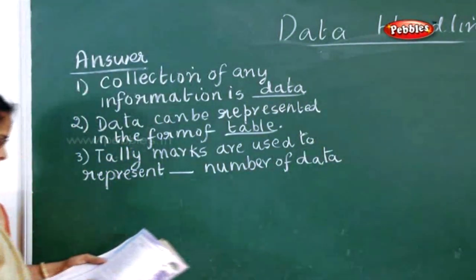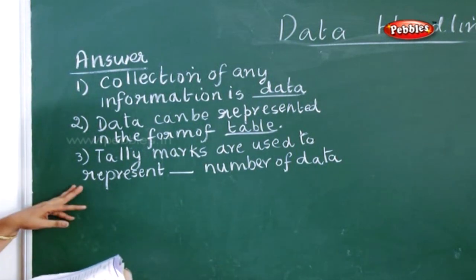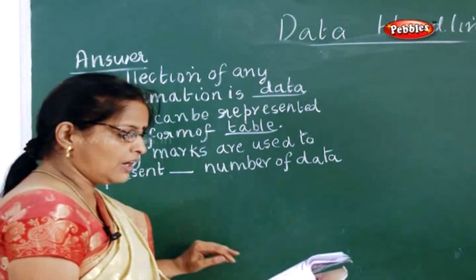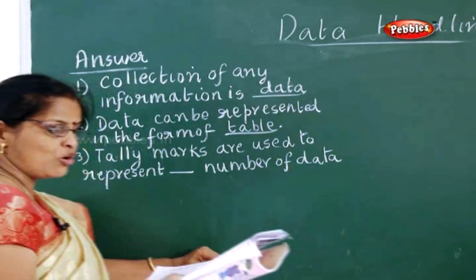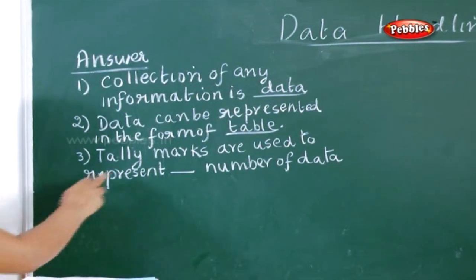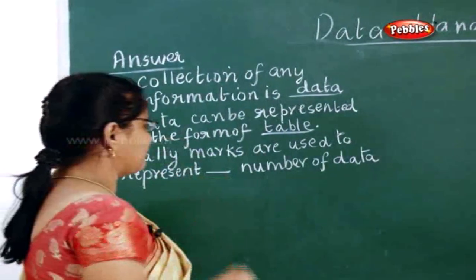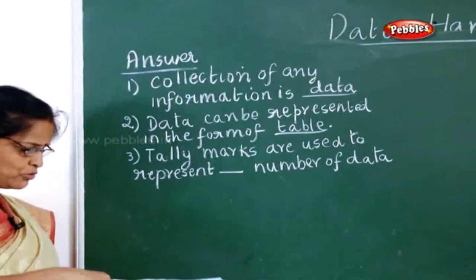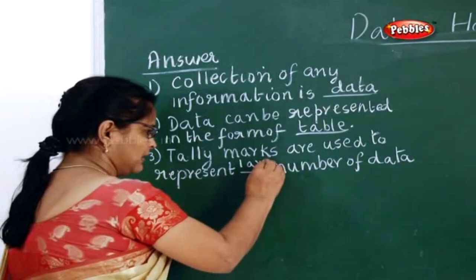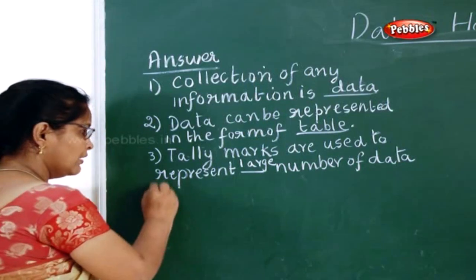Now what is the question? Tally marks are used to represent dash number of data. Now the options given are large, small, equal, unequal. Now can you tell me? When I told you about tally marks, they are used to represent small number or large number. It is large number. Large number of data.